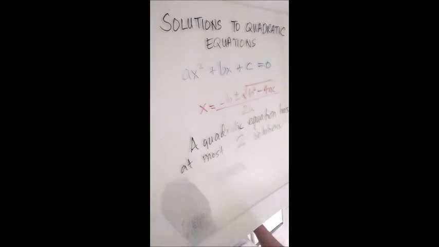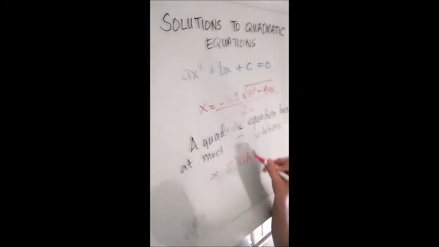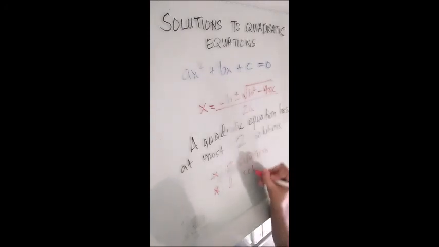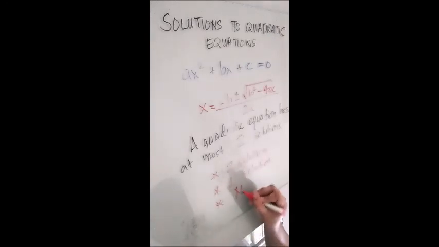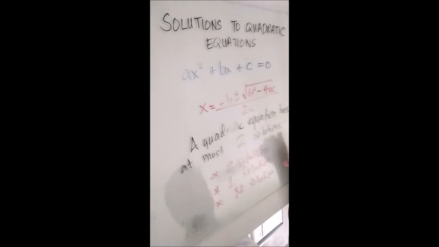It has at most two solutions. A quadratic equation can have two solutions, or one solution, or no solution. We have these three: two solutions, or one solution, or no solution at all.